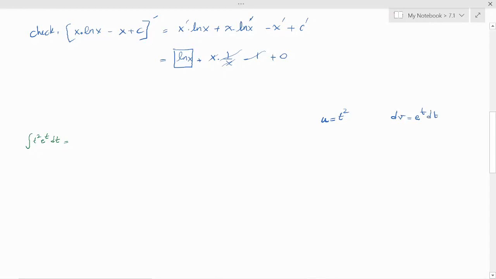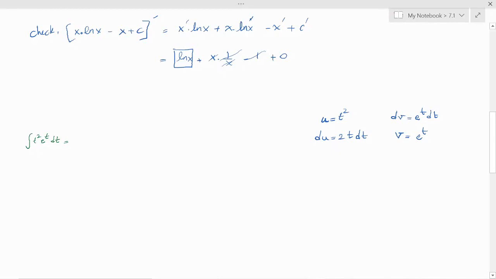So now I can answer, what is du? du would be 2t dt. I multiply the dt to the other side. What is v? If you integrate both sides, the integral of dv would be v. Integral of e to the t dt. The integral of e to the t is simply e to the t.